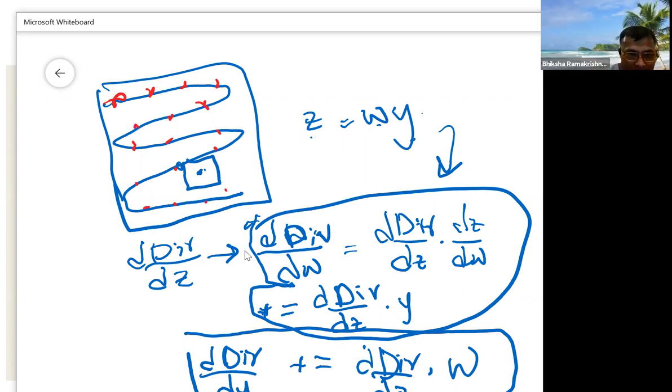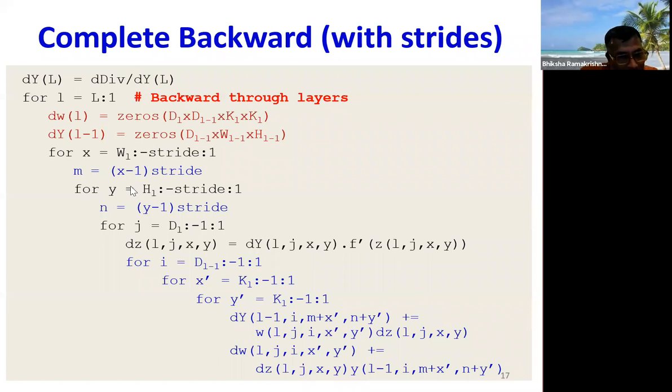When you unwind, you're going to go back in this order. That's it. You basically undo your loop. You reverse your loop and ensure that you walk over the same points that you walked forward. So if my forward pass had strides, all that happens in the backward pass is that I walk back over the strides as well.